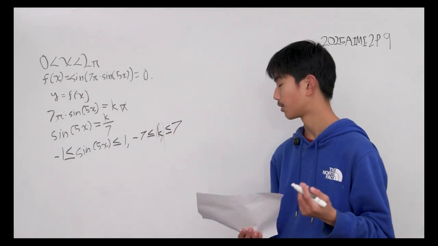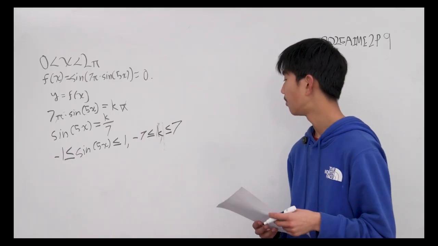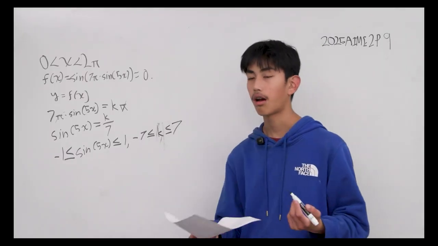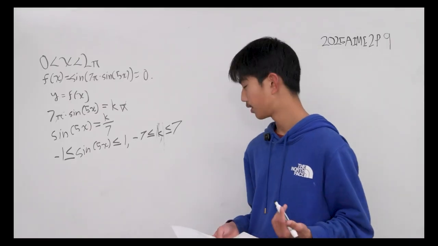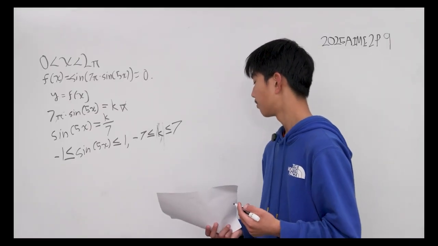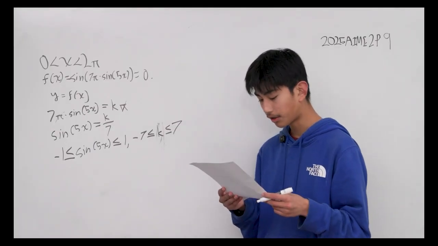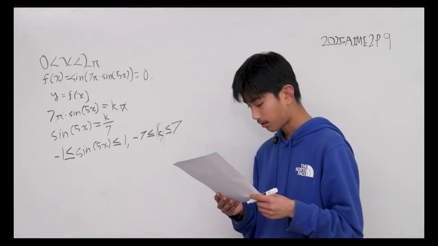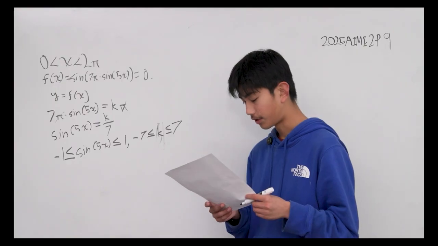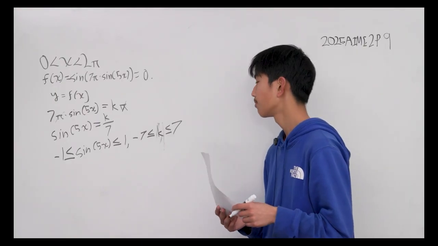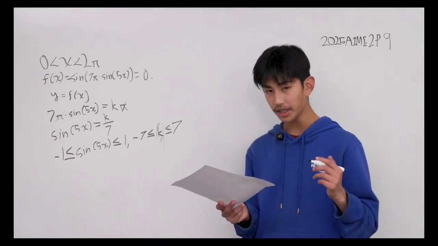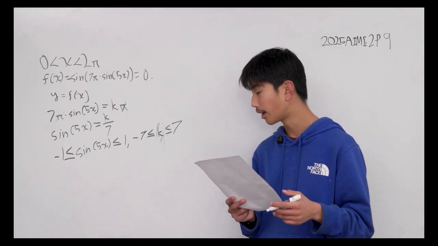Then the number of solutions here, well, we can just start counting. What we want to count is just k's. It says for t of these n values of x, the graph is tangent to the x-axis. Here, we're solving for n.